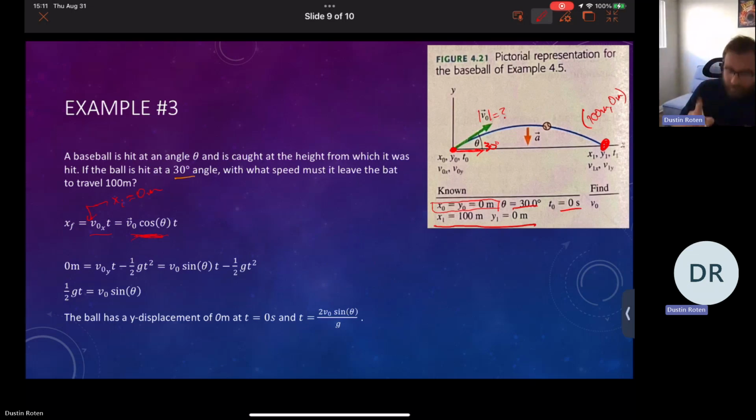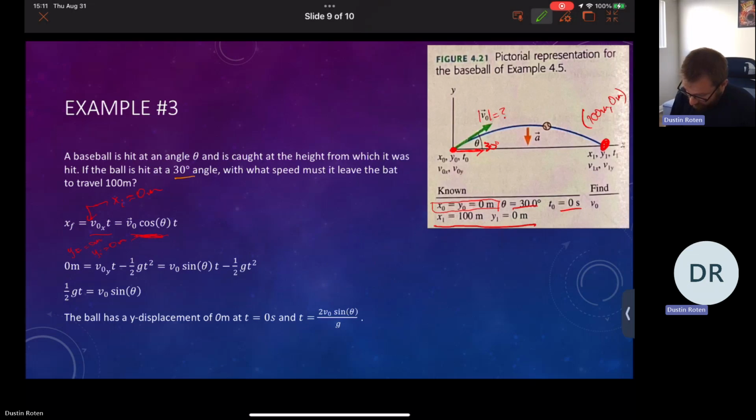Okay, well, I know my y final, which is right here. I know this thing lands on the ground, so my y final has to be 0 meters. There's no initial piece. There's no y initial. Both of these are 0. So that's taken care of. The only thing left is essentially the vertical component.